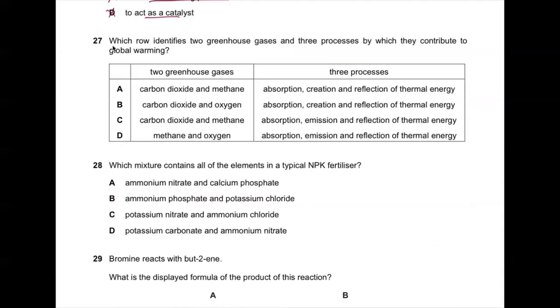Okay, now MCQ number 27. Which answer identifies two greenhouse gases and three processes by which they contribute to global warming? The greenhouse gases are, if you recall, carbon dioxide and methane. Oxygen is not a greenhouse gas, so we are left with only options A and C. Absorption, yes, they absorb.